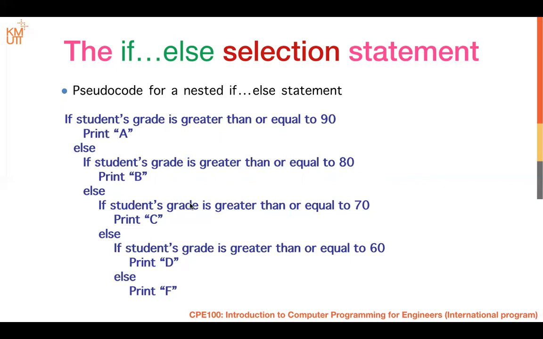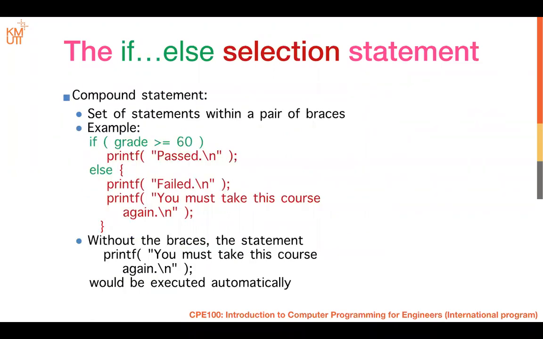Nested if else. Also you can see the indentation, right? If you write the correct indentation, you can see that this pseudocode is easily understood, right? Okay, and this one can also be converted into C programming.